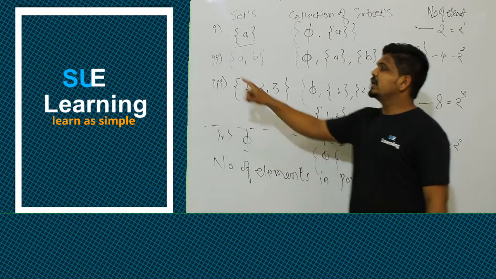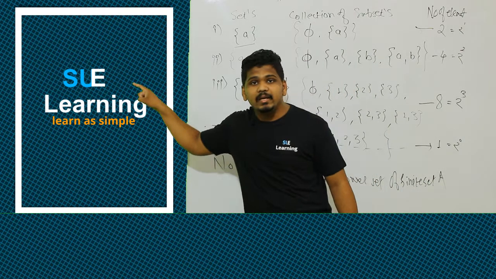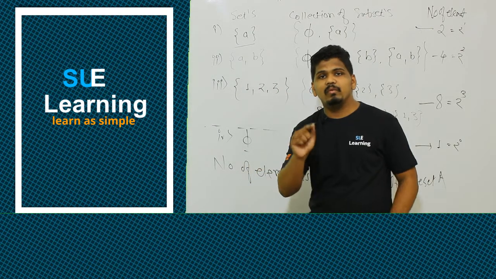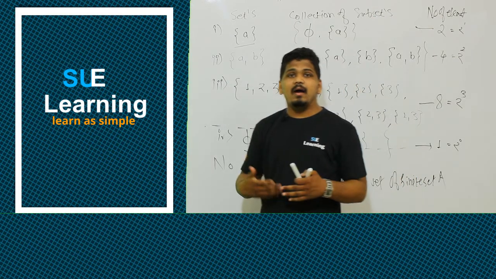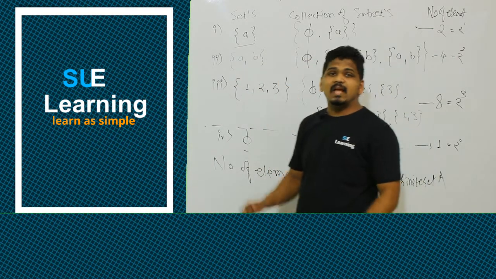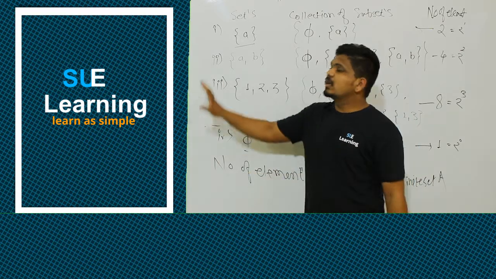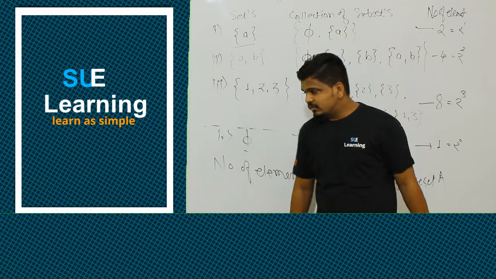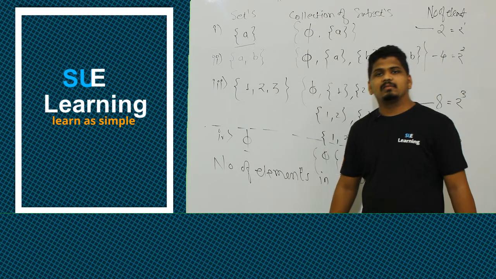Then I define the number of elements in the power set as 2 raised to n, where n is nothing but the number of elements in that set whose power set we are finding. So what will you say? The number of elements in that power set will be nothing but 2 raised to n. n will be the number of elements in that set. This is the definition of the number of elements in the power set of some finite set A.